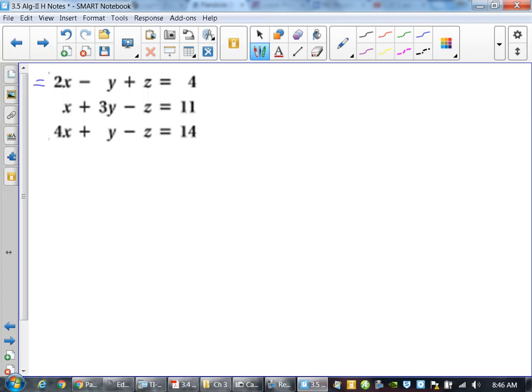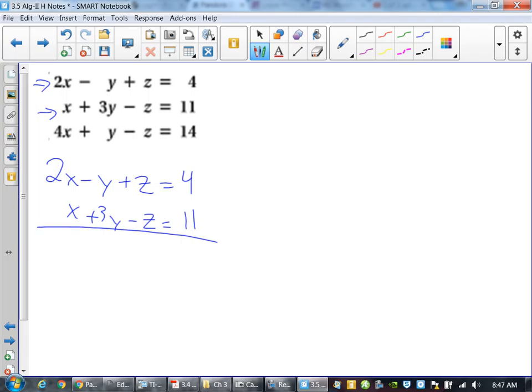So I'm going to take the first equation, 2x minus y plus z is 4. And I'm going to add it to the second equation, x plus 3y minus z equals 11. I'm going to add all of these parts together.